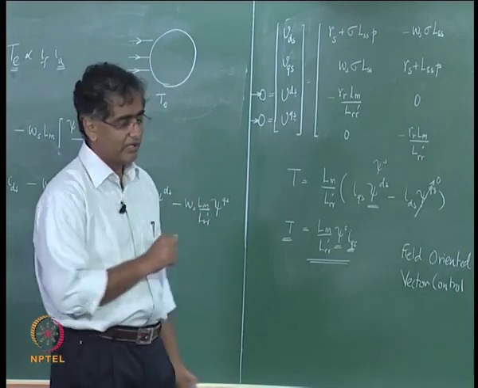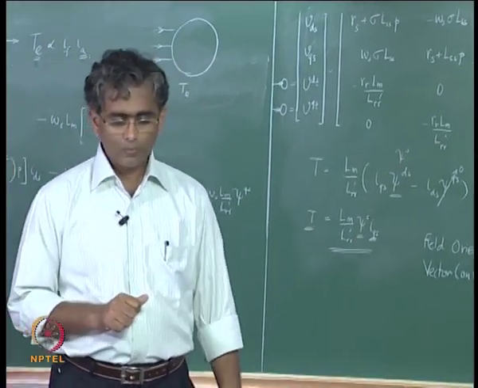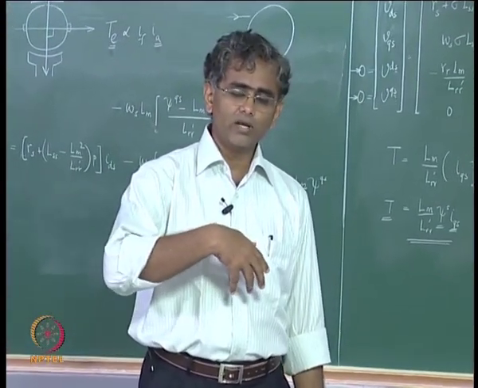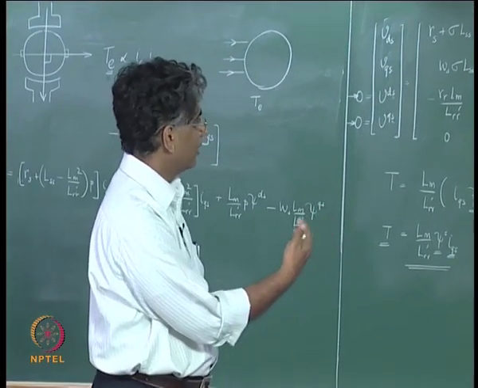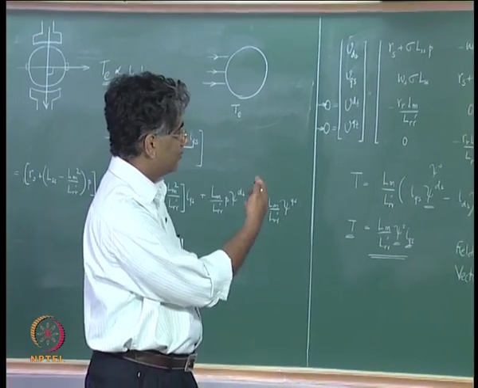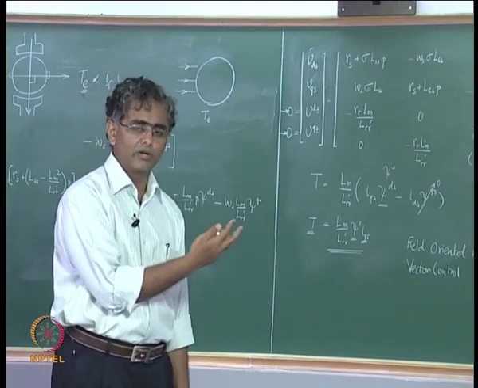This is another useful aspect of looking at models of the induction machine in various reference frames. These are all in the synchronous reference frame, but we have replaced some unknowns or dependent variables by certain other dependent variables.